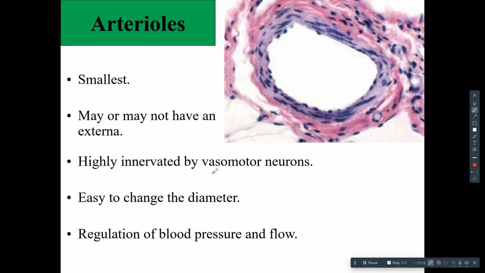There are these neurons called vasomotor neurons that are going to go to or innervate arterioles. And primarily the neurons are going to the tunica media, which is the muscle. And so by having neurons that go to the media, we can cause the muscle there to contract or relax. And that is going to change the diameter.